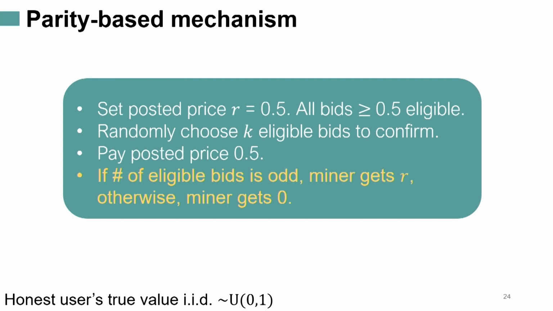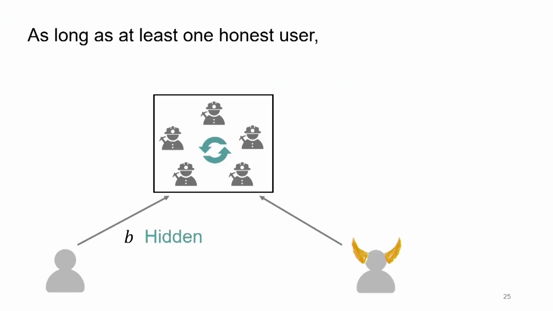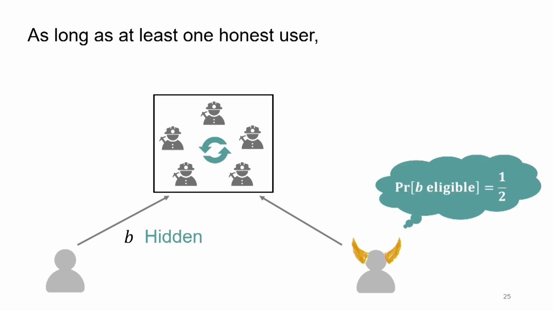So now let me briefly explain why it satisfies one SCP, why a miner-user coalition cannot increase their joint gain. The crux there is that the honest user's bid B is kept hidden from the coalition. Therefore, from the coalition's view, the probability that this B is eligible is exactly half.